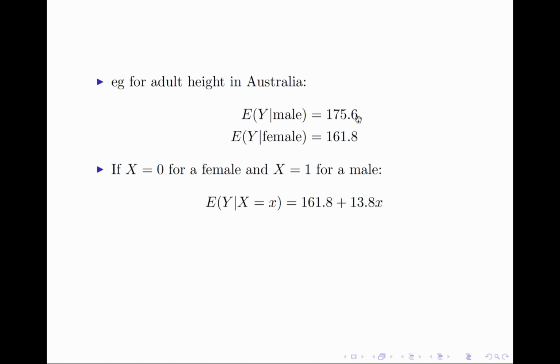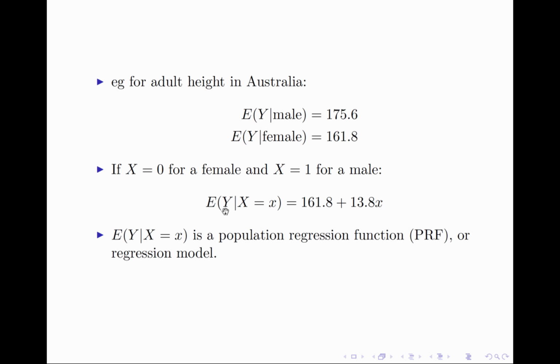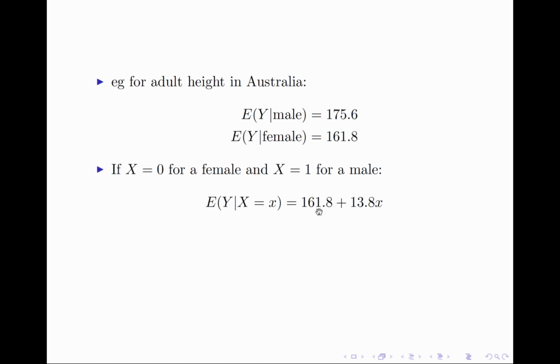We can represent these two separate means that we have for males and females in the form of a single equation that looks like this. The population mean of y conditional on x is 161.8, which is the value for the female, plus 13.8, which is the difference between these two numbers, times x.